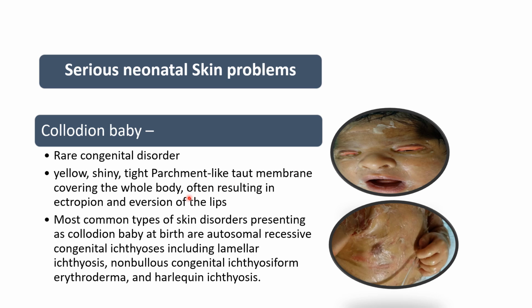The most common types of skin disorder which present as a collodion baby at birth are the autosomal recessive congenital ichthyoses, including lamellar ichthyosis, non-bullous congenital ichthyosiform erythroderma, and a very severe condition, Harlequin ichthyosis. All can present as collodion babies.